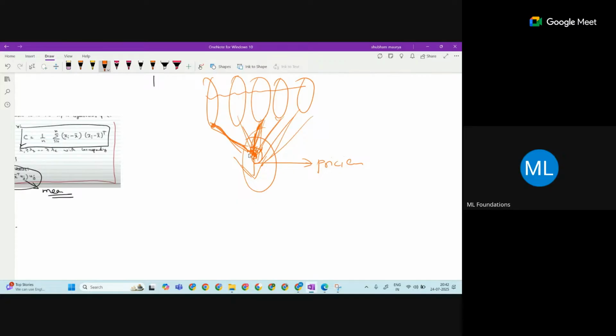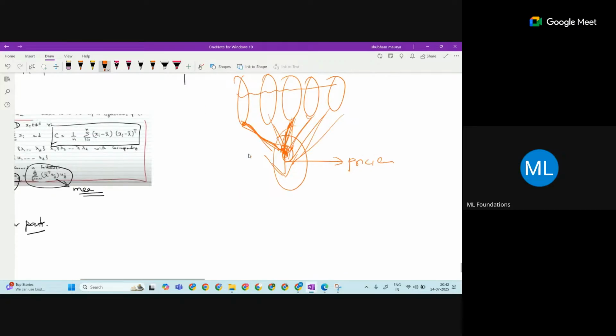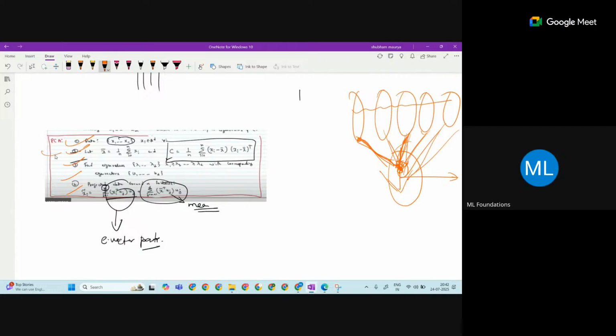We want to maximize the variance. So if you proceed with this algorithm, both will be satisfied: it minimizes the reconstruction error and also maximizes the variance. That's why we study PCA.